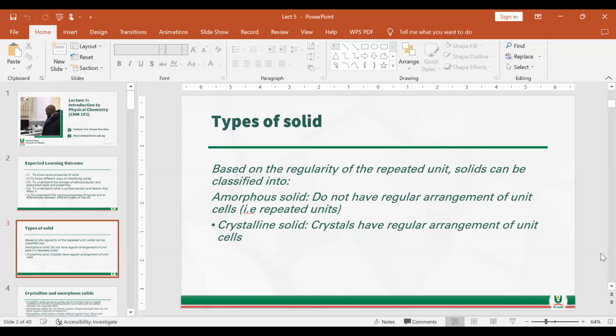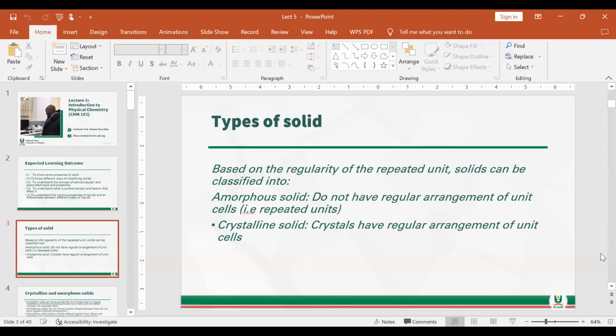But if they are regularly arranged, then it is called a crystal. So a crystal has a regular arrangement of unit cells. Each of those units that forms the bulk of it is what you call a unit cell. When you bring them together, after this one you see this one, they are regularly arranged. That is called a crystal. But in an amorphous solid, the unit cells are not regularly arranged.